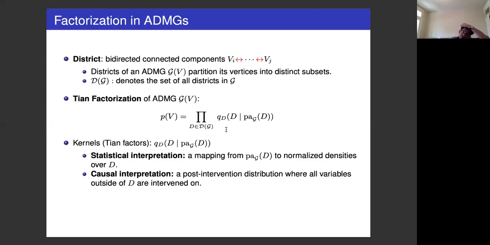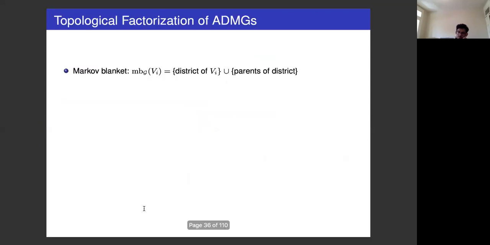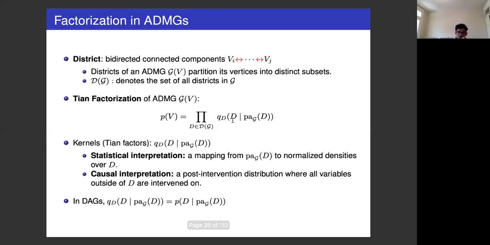The causal interpretation is that they correspond to a post-interventional distribution where all variables outside the district are intervened on. So when are these Qs equal to Ps? The answer is in DAGs, because in DAGs, each vertex is a singleton district, right? So we need to rewrite these Qs in terms of Ps.